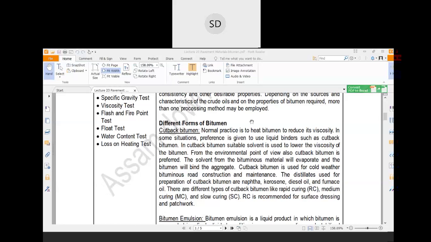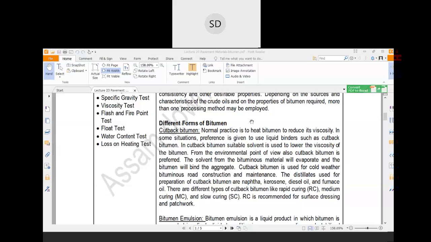The bitumen gets dissolved in the volatile material and the consistency, or the viscosity, gets reduced, and you can easily use this type of bitumen. It is ready made, and you do not have to heat or process the bitumen in the field.